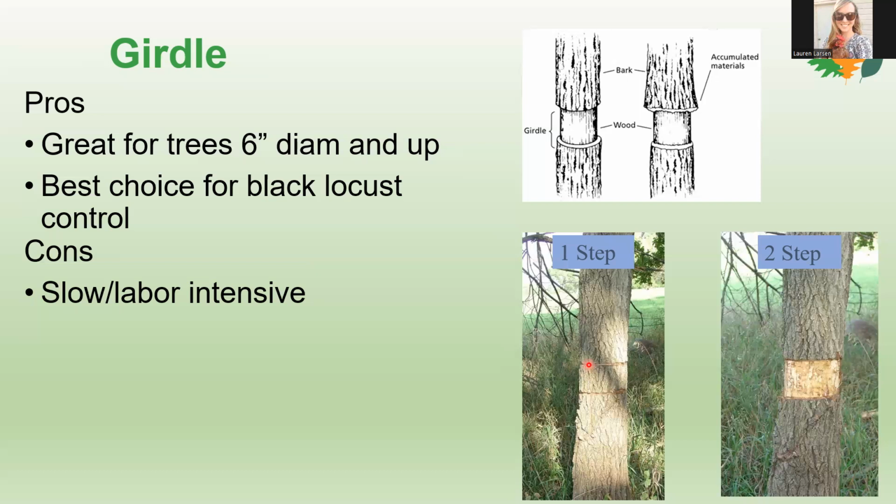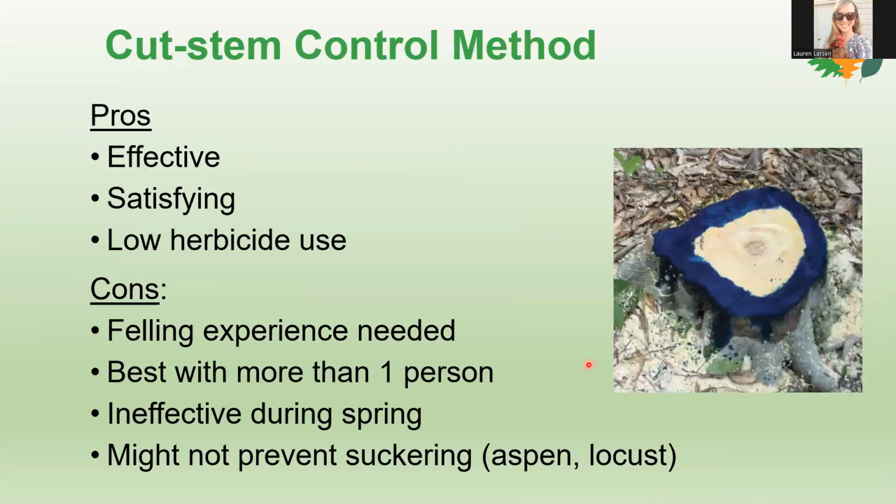So, cut stem or cut stump. It's really effective because you're cutting it down and you're putting the herbicide where it counts, right on the water transportation vessels of the tree on the stump there.